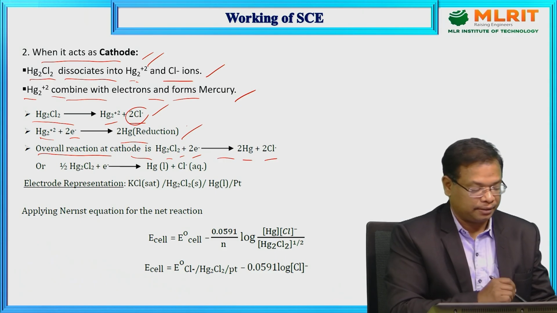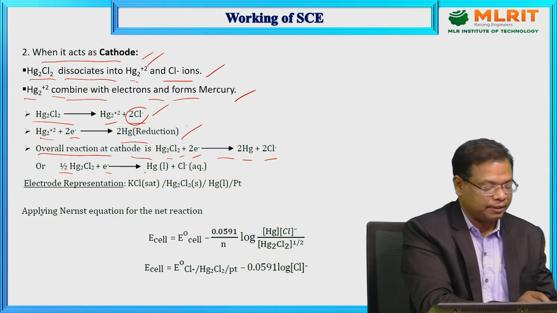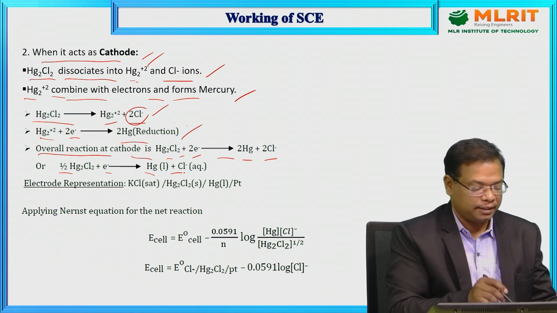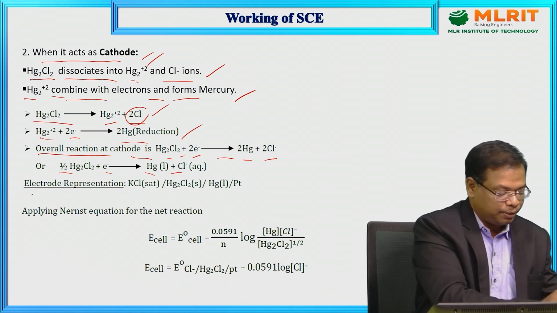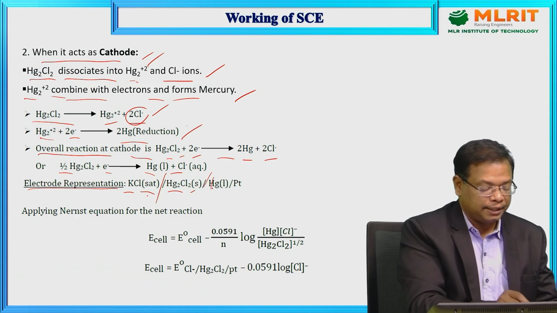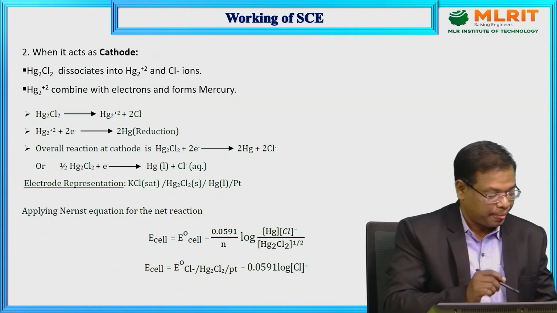Or, 1/2 Hg2Cl2 plus 1 electron gives mercury metal plus chloride ions in the aqueous solution. Electrode representation is KCl | Hg2Cl2 | Hg | Pt.